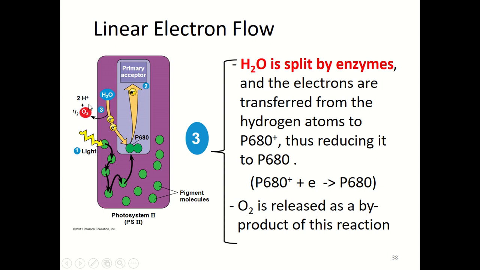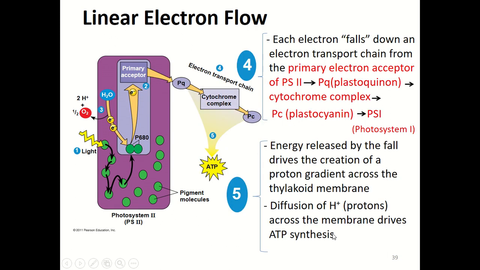So the water here, these are the water molecules, is split by the enzyme. It will produce hydrogen ion and also oxygen. Meanwhile, the electron is transferred to the P680 plus, and it is being reduced back to P680. And then the oxygen here is released as a byproduct of this reaction.